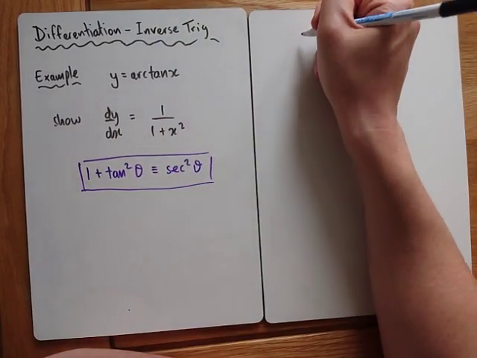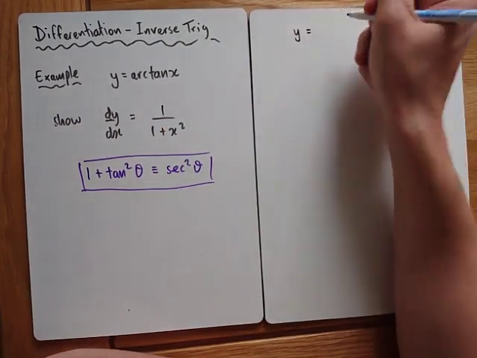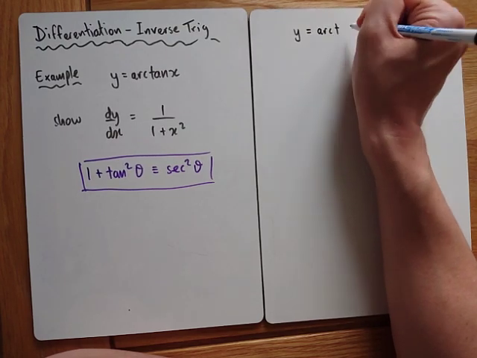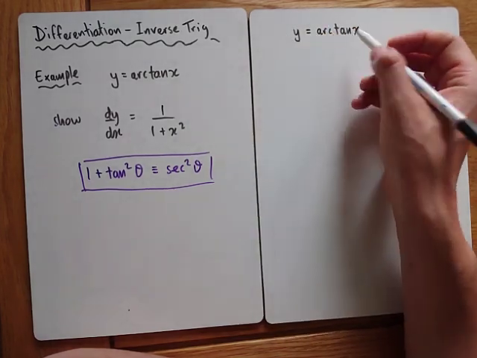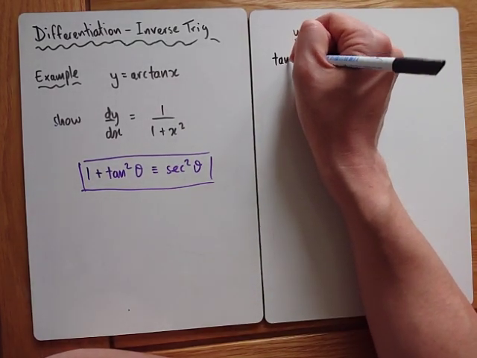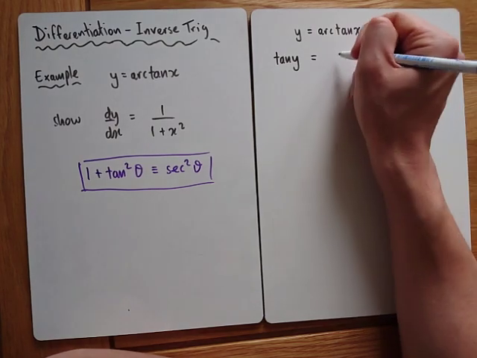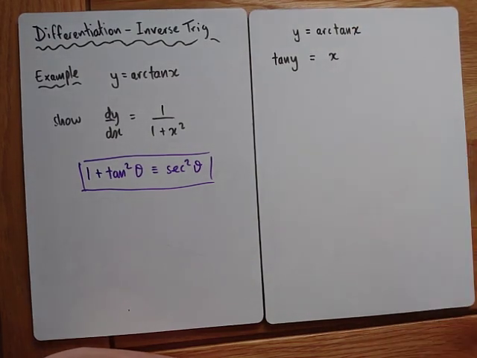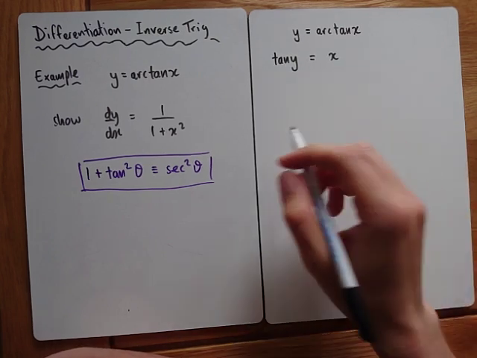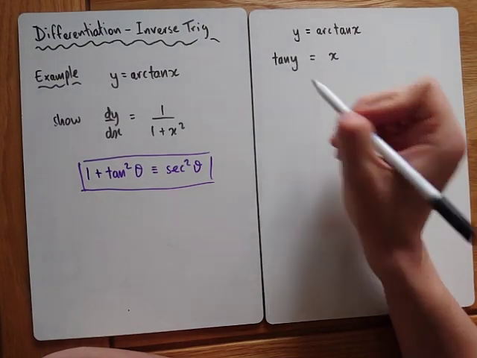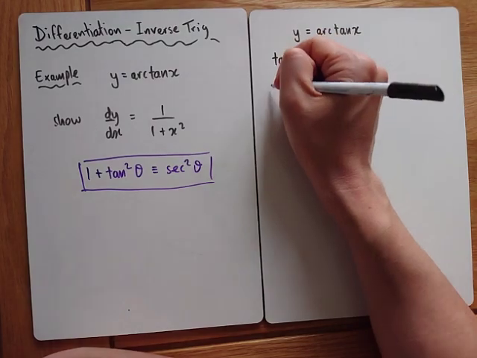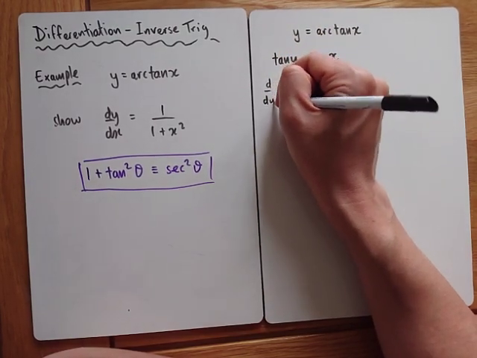So it's similar to sine inverse. We start by writing it as y equals arctan x. Take tan of both sides, so that would give me tan y equals x. There's another way of doing this, by the way. The last one I did was implicit differentiation, where I said differentiate with respect to x. There's a slightly different way of thinking about it, which you might find a bit easier. Because we've got x equals some stuff with y's, we can differentiate with respect to y on both sides.